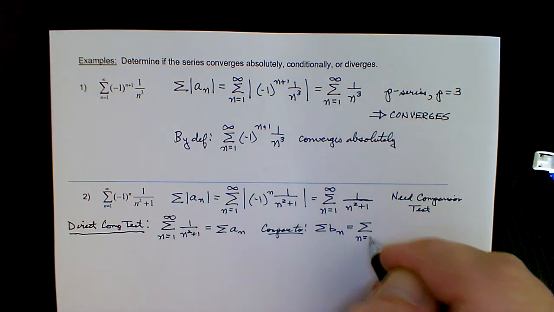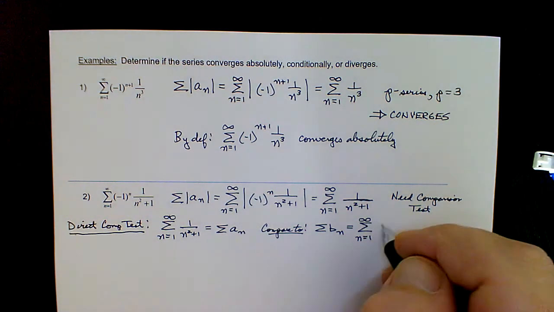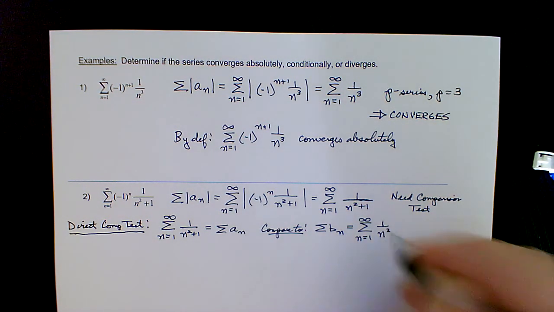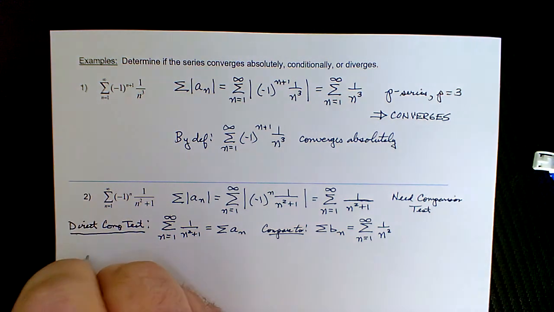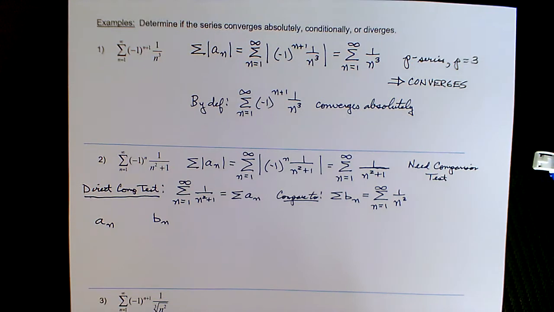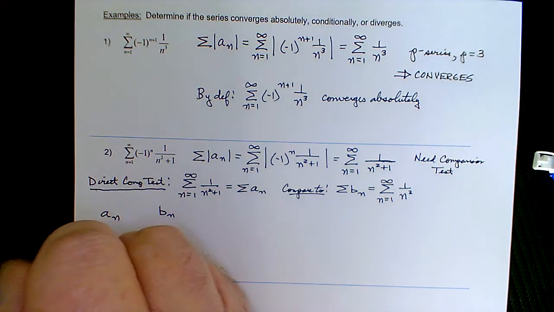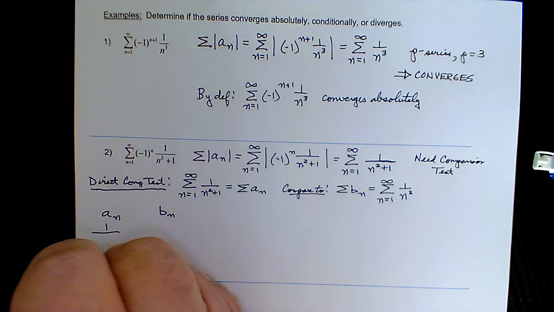In this case, just get rid of that extra little plus 1 that's in the denominator, and we get 1 over n squared. But then recall, we have to establish the term-by-term comparison between a sub n and b sub n. So we write down a sub n, we write down b sub n, literally their nth terms underneath.